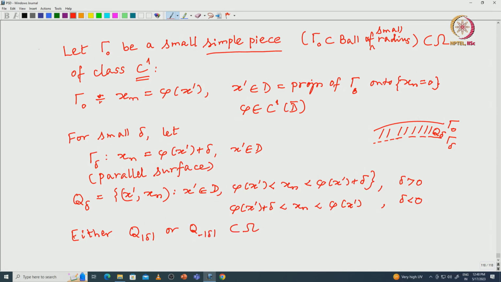So, that you can easily see if the gamma 0 piece is on the boundary. Okay, so for example, this is del omega and gamma 0 is just a piece here, and then you have the parallel piece here and this sitting here. But if the parallel piece we take outside, then that portion will not be in omega. Okay. So, we are interested in the piece where it is in omega.